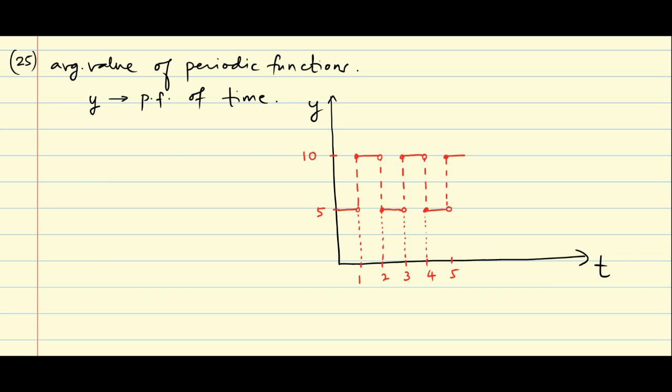We are going to assume that t is in seconds, and one thing you notice about how y behaves is that it can take one of only two values. It's either equal to 5 as it is over here or over here, or it can be 10, and it can't be anything else apart from 5 and 10. That's the first thing that you notice.